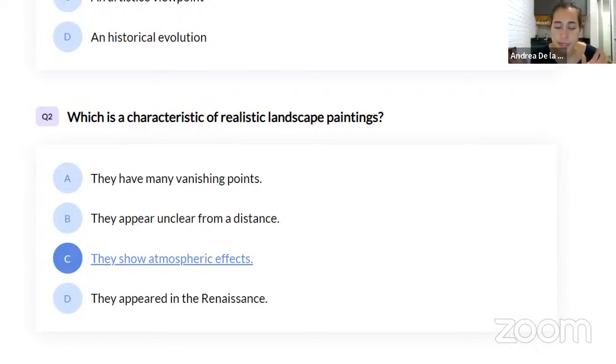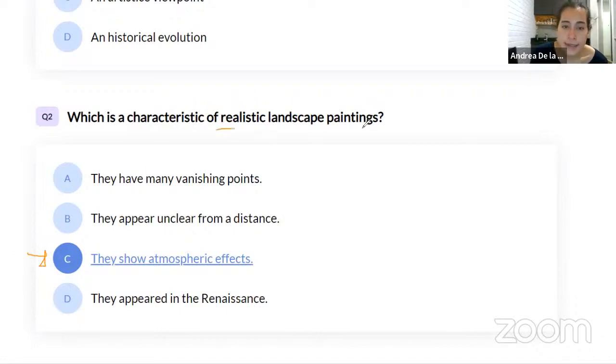Those are the notes that I have in that box that responds to aerial perspective. So I know that realistic landscapes were mentioned in the subtopic about aerial perspective, which is basically atmospheric effects. So I know that it has to be C, there's no other way.